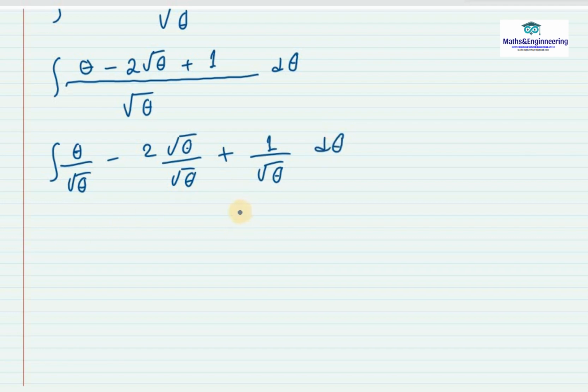Now we will further simplify. This under root theta will be cancelled out with the under root theta, and we will get theta over, we can write under root theta as theta power 1 by 2, minus 2, plus 1 over, similarly we can write theta power 1 by 2, and d theta.